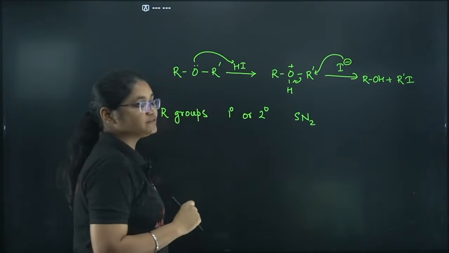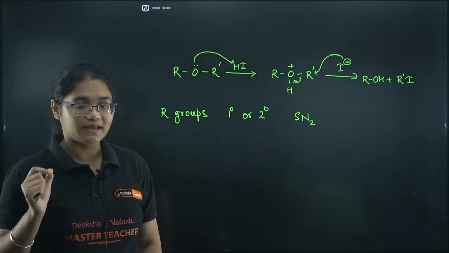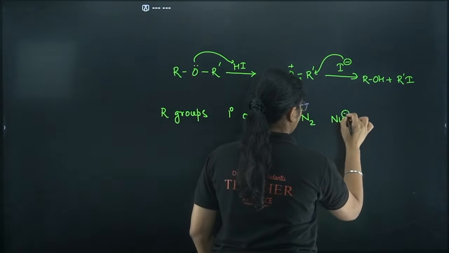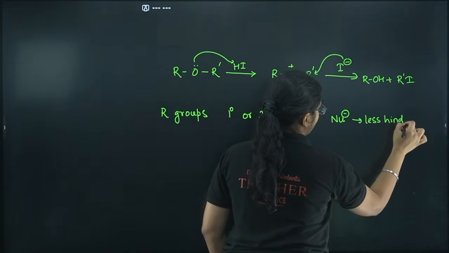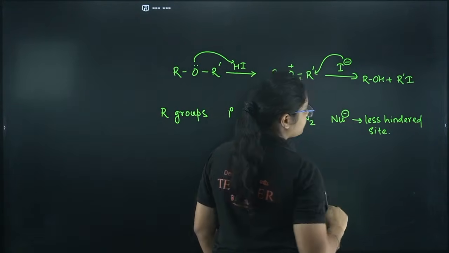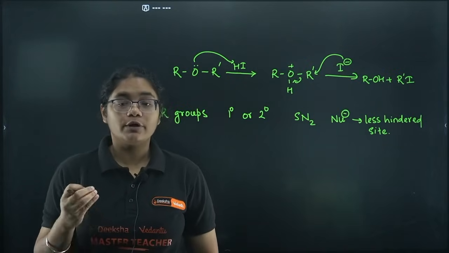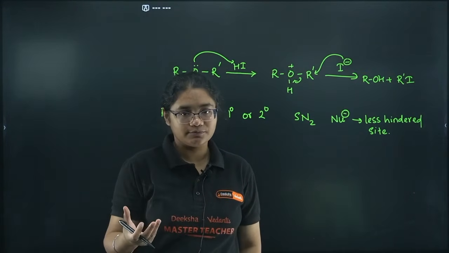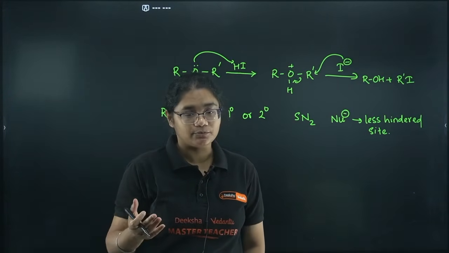If the reaction proceeds by SN2 mechanism, then the nucleophile will attack on the less hindered site. What do you mean by less hindered site? Where there are fewer carbons. And if the same number of carbons is there, then where there is less branching, that is less hindered.